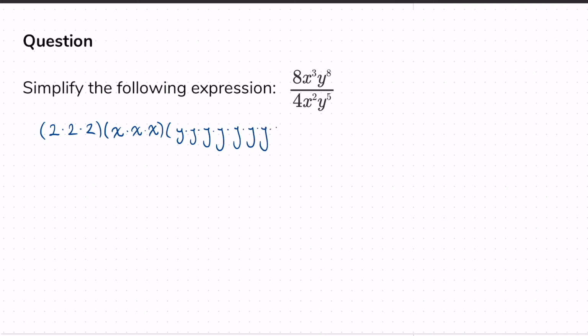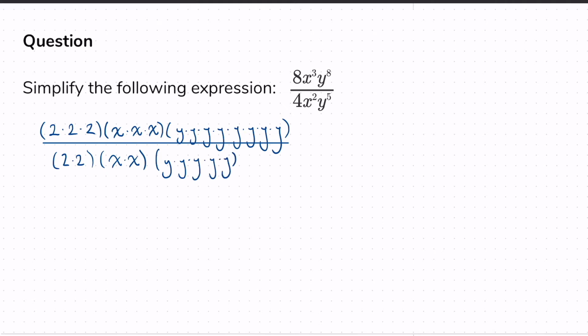Obviously, when you're doing it, you don't have to spend this long, but I really want to show you guys what's happening and why it's happening. 4 is 2 times 2, x times x, and then y to the 5 is y 5 times.